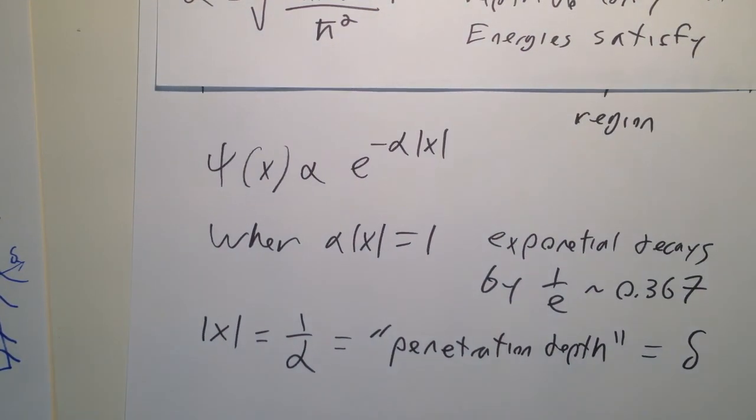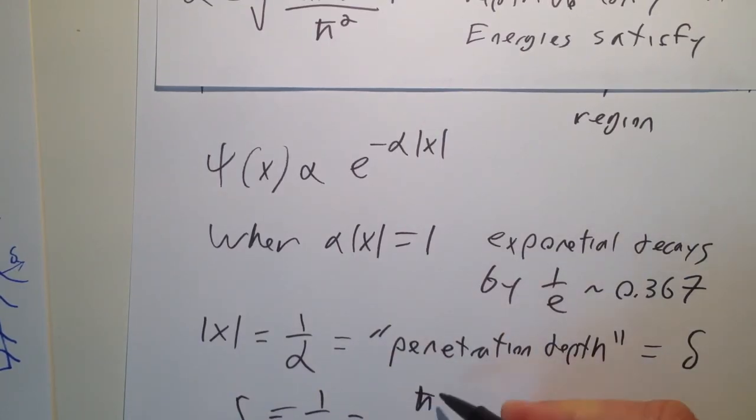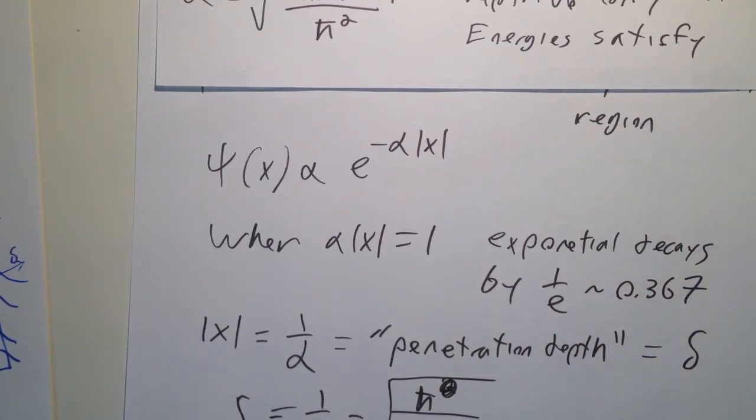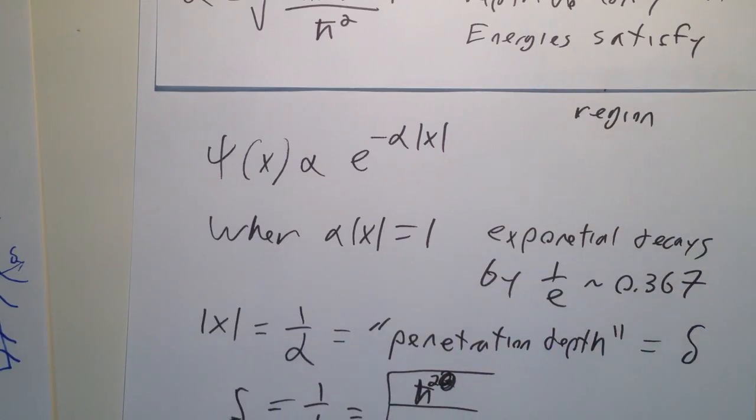So that's a way of quantifying how far this object penetrates. And when I solve for delta, delta is equal to 1 over alpha, which is equal to h bar over the square root of 2m times U naught minus E.